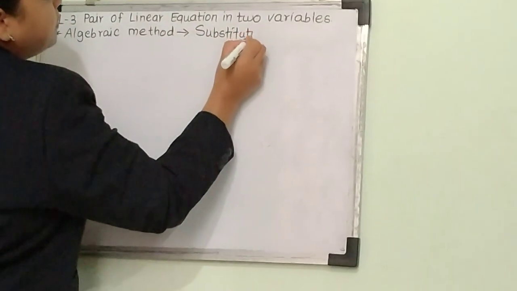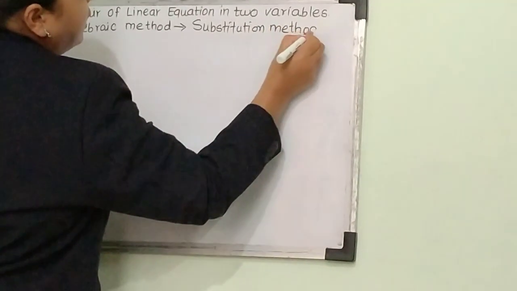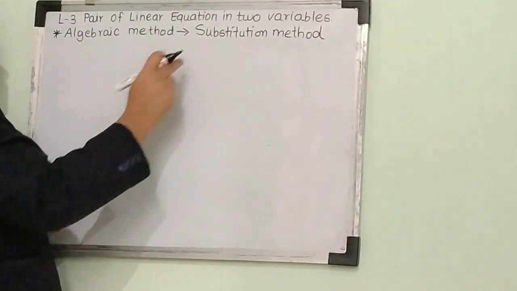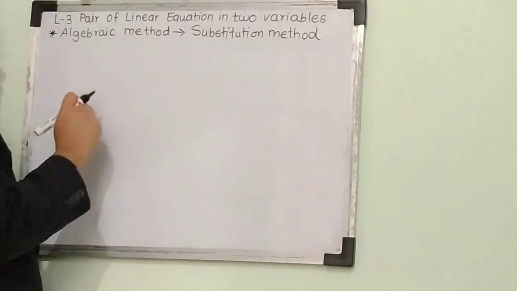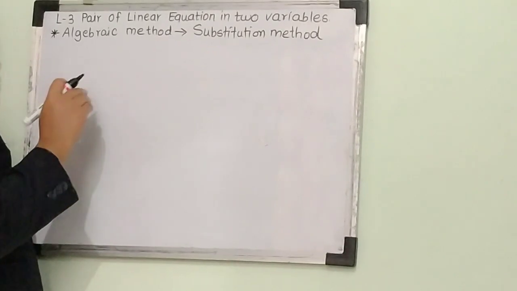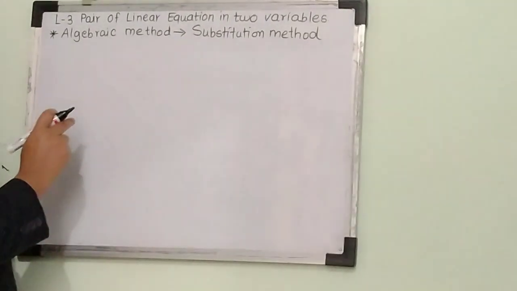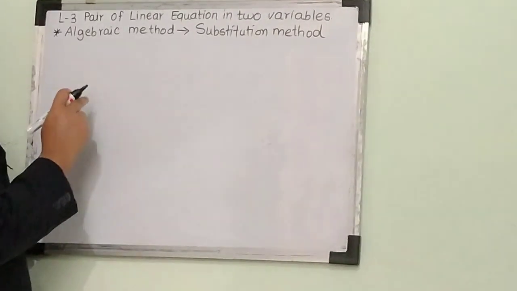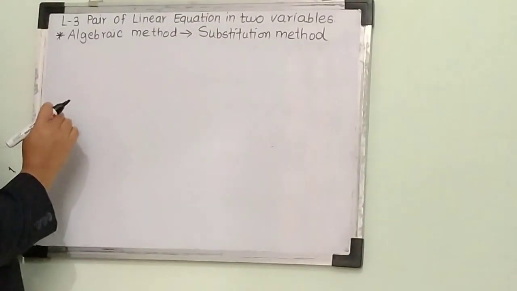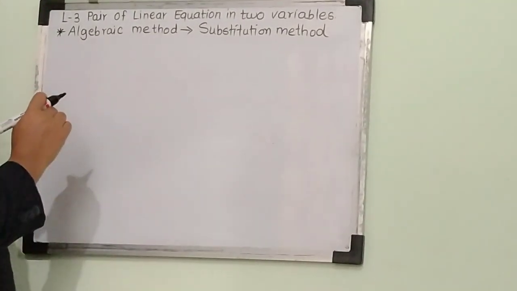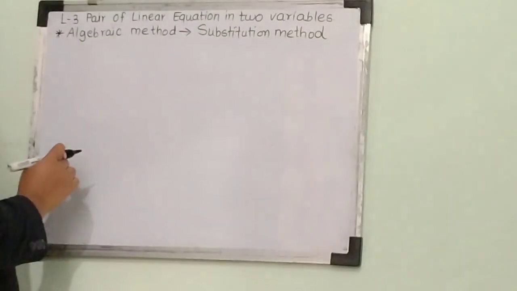Now for this substitution method, as we say substitution method, it means we have to substitute either the value of x or y from one equation into the second equation to find the value of the variable x or y. So let us see how to solve a sum using the substitution method.